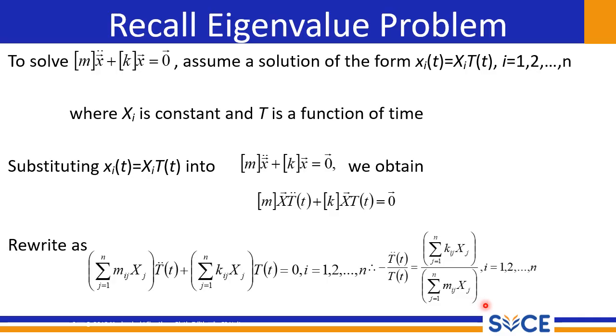We typically denote this constant as omega. Therefore, the crucial step here sets the stage for formulating the eigenvalue problem. In the next slide, we will explore how this leads to finding natural frequencies and mode shapes of our system.